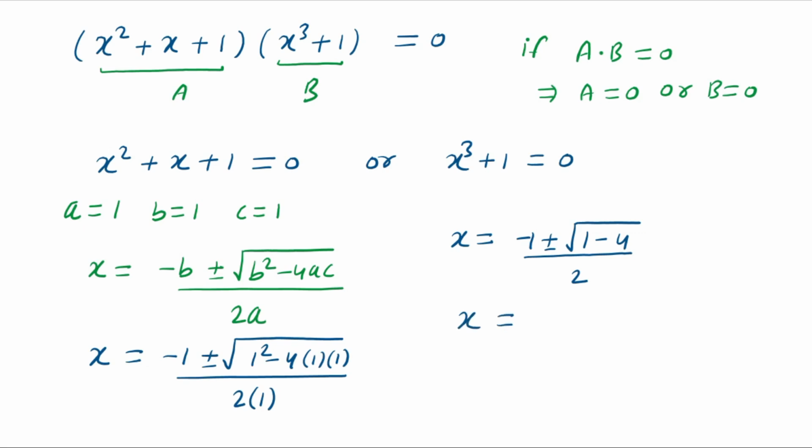Then x is equals to minus 1 plus minus square root of minus 3 over 2.